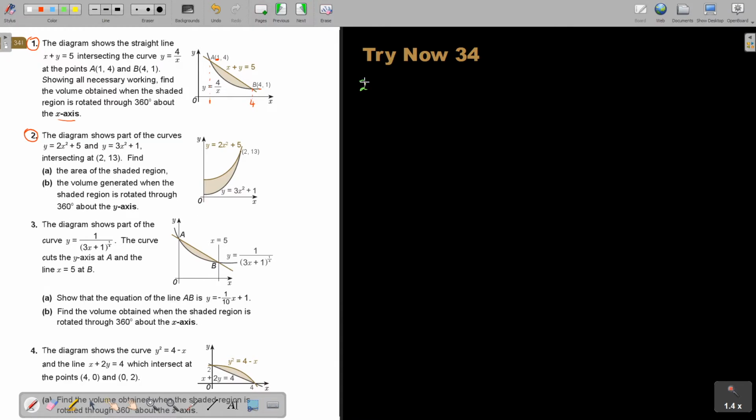Now, I want to show you this one, and before I'm doing it, I'm going to show you there are 2 methods of doing this one. Let's first start with number A. Number B is having 2 methods.